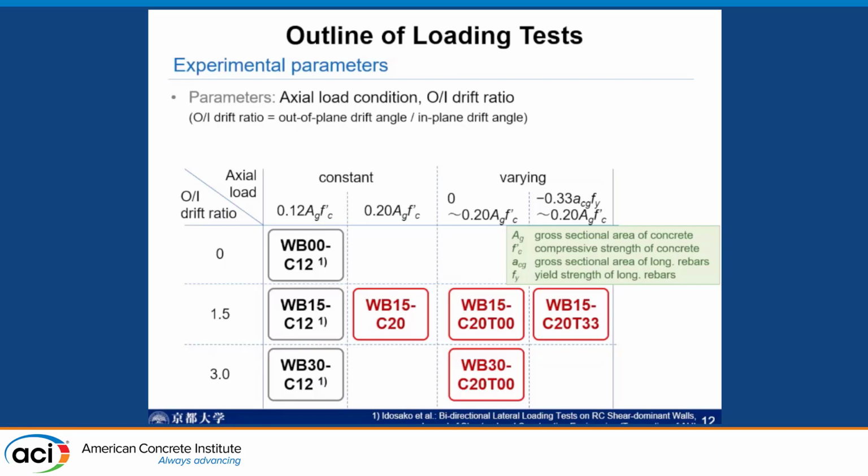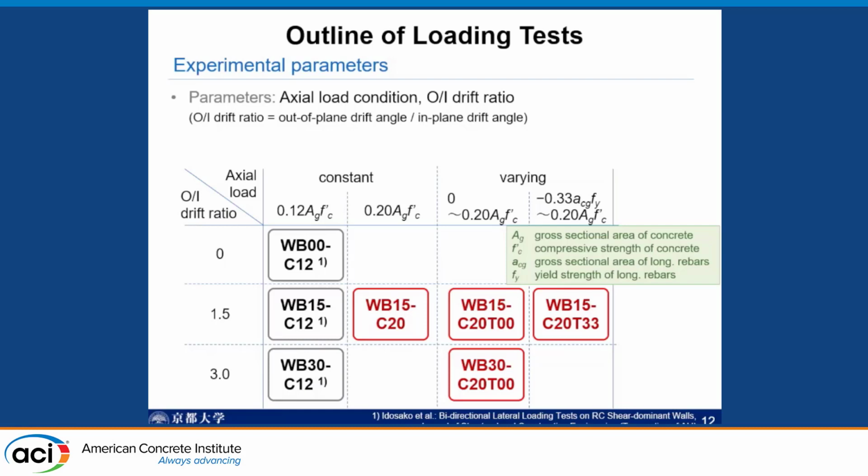This means the out-of-plane drift angle divided by the in-plane drift angle. The 0 means in-plane loading only, and then 1.5 and 3.0. So the out-of-plane drift angle is 3 times the in-plane drift angle.